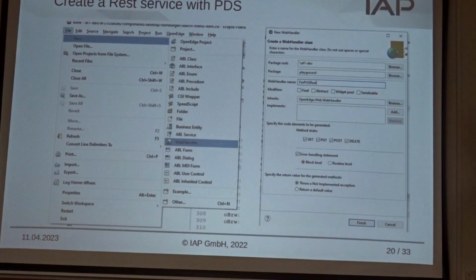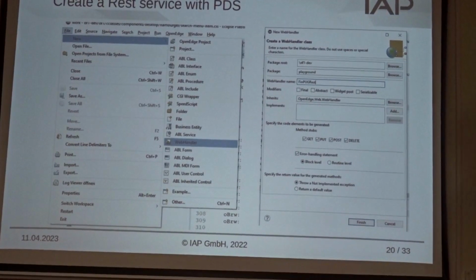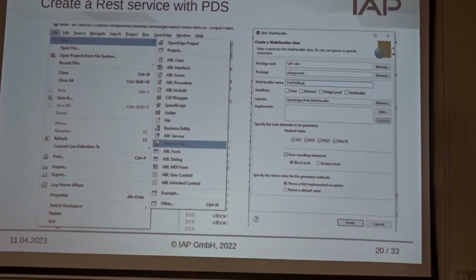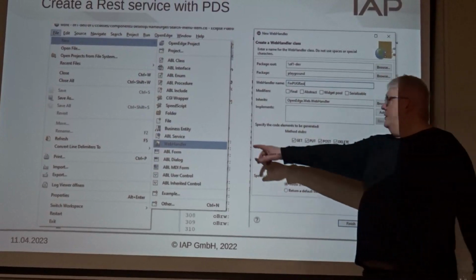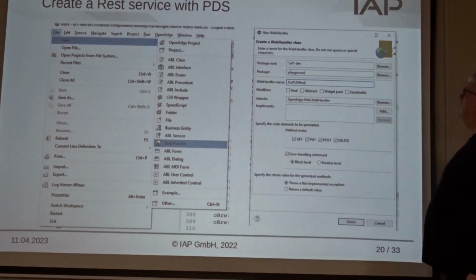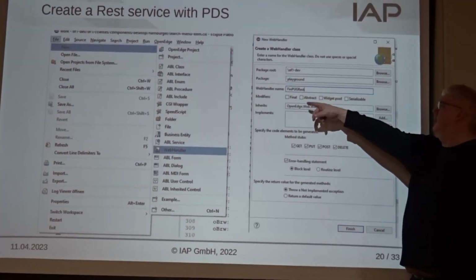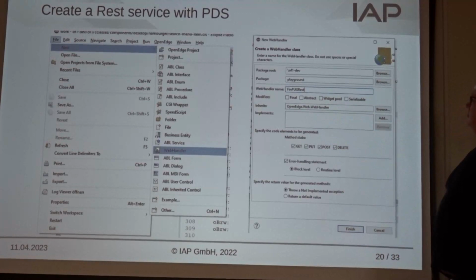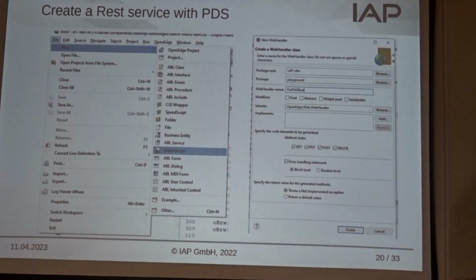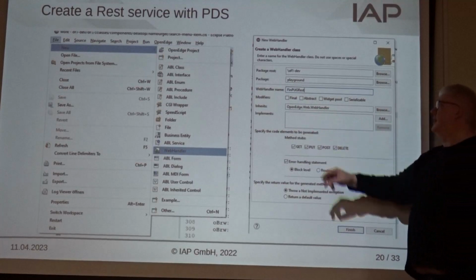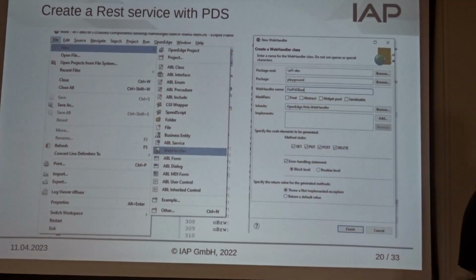This is Eclipse, or the developer studio. What you have to do is say new web handler. Here I put it in the playground, and the name is FinPUG. Then the web handler is what this class is based on.